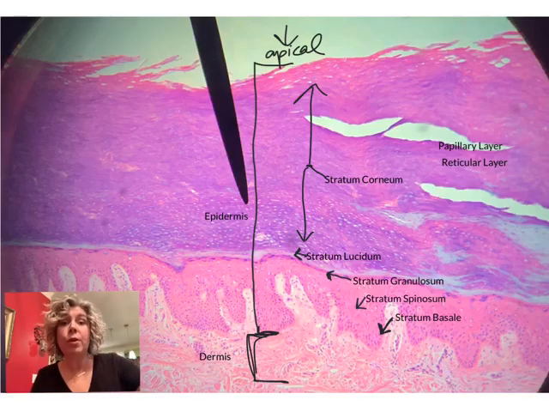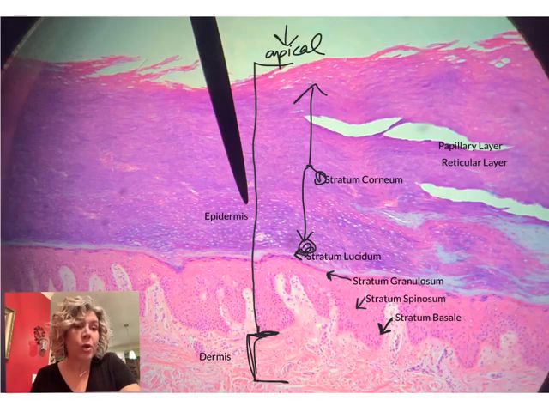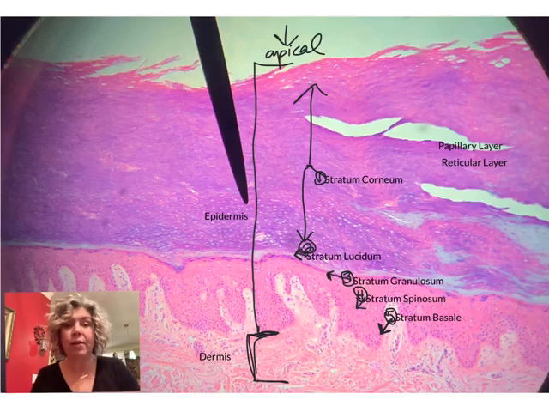So, working our way from the top down, or superficial to deep, I'm going to label these: number 1, stratum corneum at the top. Then we have the stratum lucidum number 2, stratum granulosum number 3, stratum spinosum number 4, and then the stratum basal layer, which is your very bottom layer of the epidermis down there at the bottom, that's number 5.